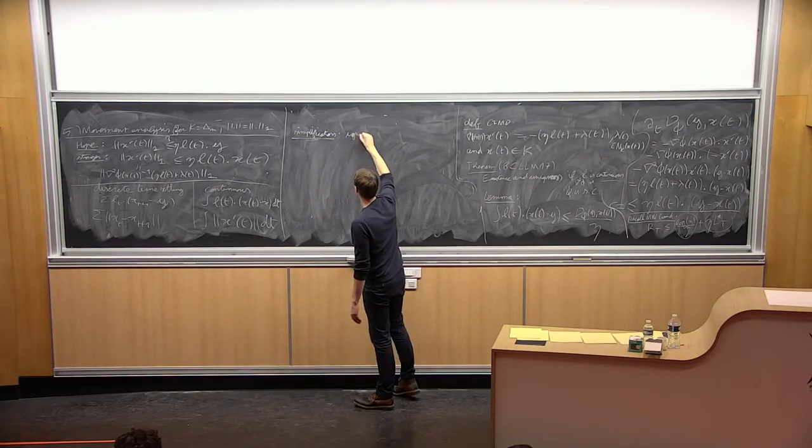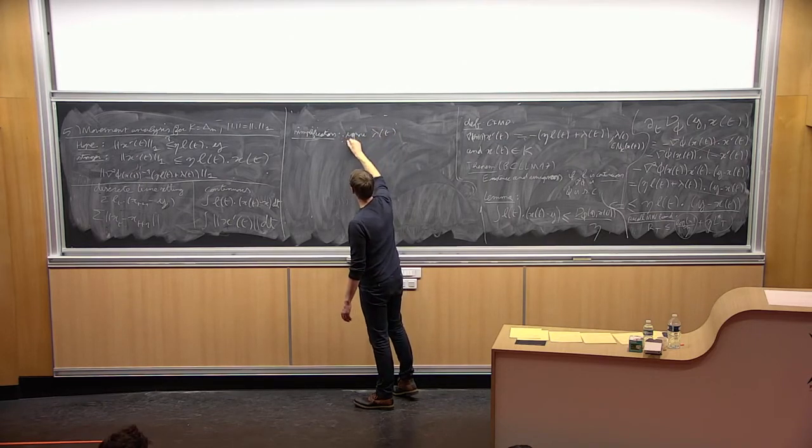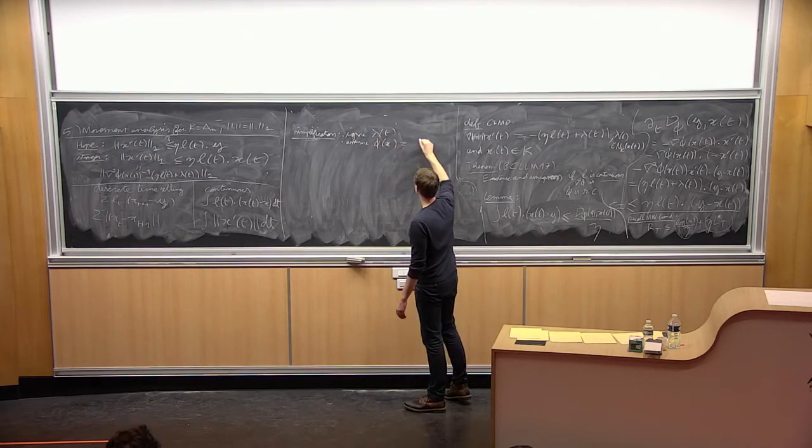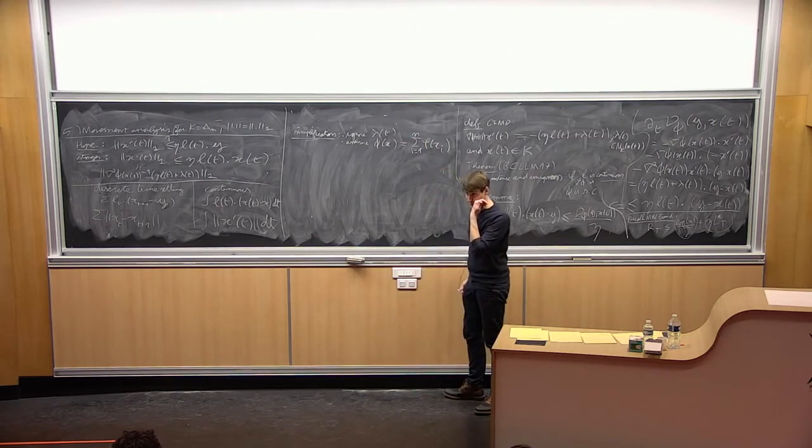Ignore lambda, and assume that capital phi of x, this complicated multidimensional function, is just a sum of one-dimensional functions phi of xi. Just something simple, something separable.